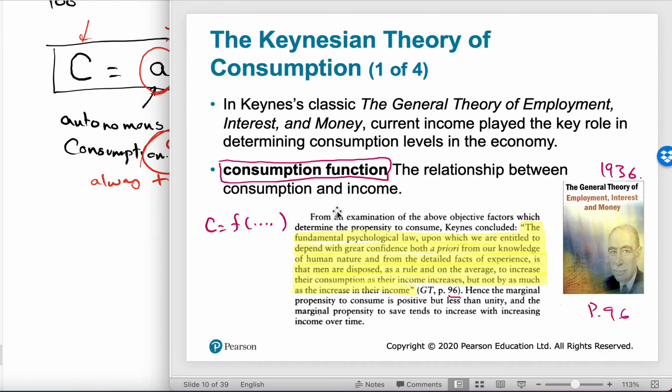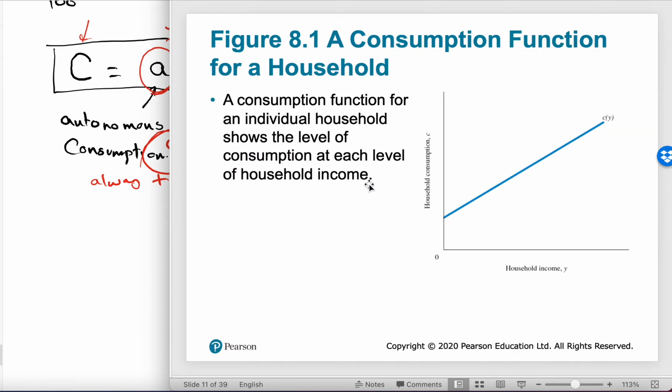So theorizing is a hypothesis. We formulate it as a mathematical relationship or function, the consumption function, and then use it to explain how GDP may be determined within the economy.